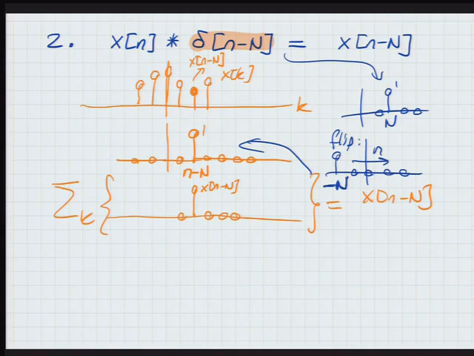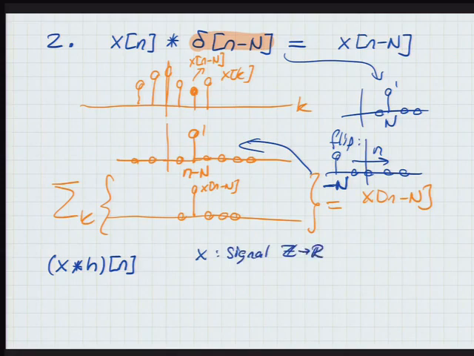When I'm taking the convolution of x and h, I try to write x star h because that's a new signal, right? X is a signal. In other words, it's a map from the integers to reals, right? And so is h. And then x star h is also a signal, right?